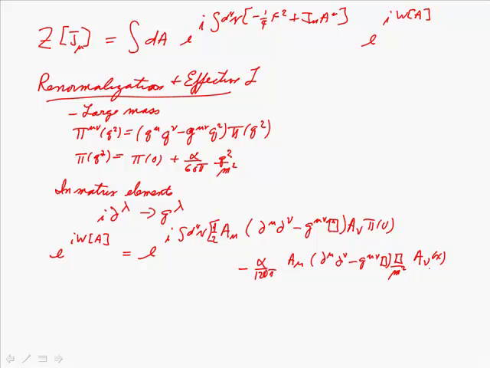That's an important piece. So in this case, I've written W of A in a particularly simple form. You can actually get there directly in coordinate space if you really need to. It's a bit painful.